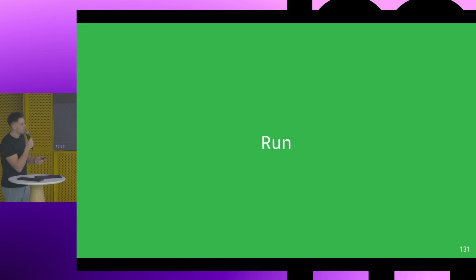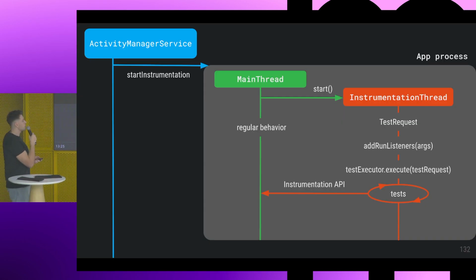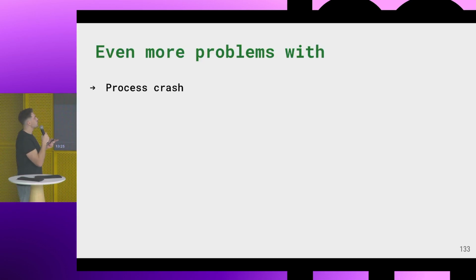So, seems like all our problems are gone. You're wrong. We need to run our tests. And it's also a problem, because here you can see our tests are being executed one by one, sequentially. And this means if one test crashes our process, the following tests won't be executed.